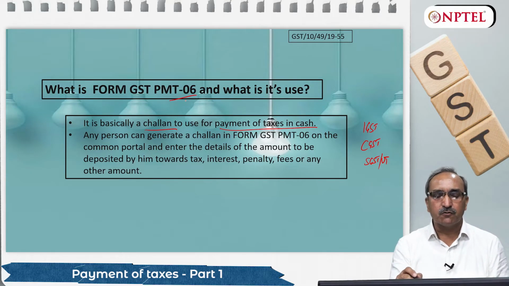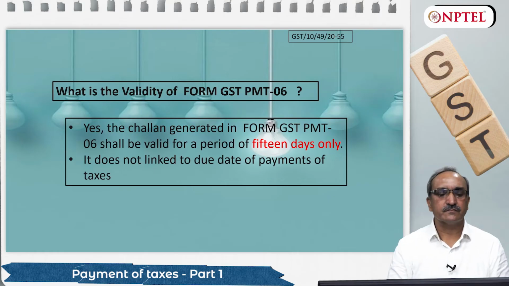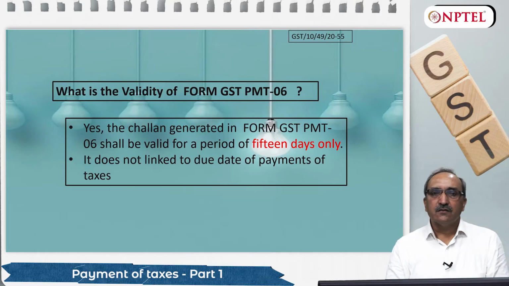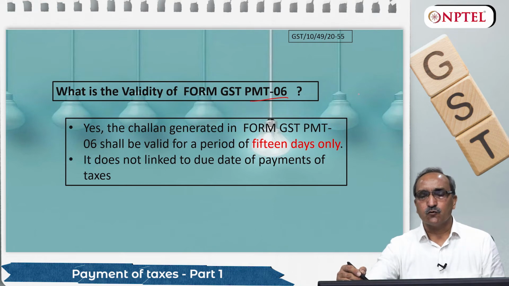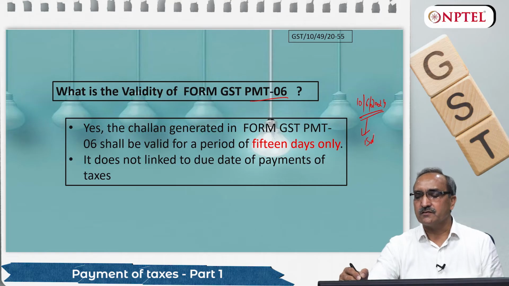And this amount deposited will be used for the payment of tax, interest, penalty, fee or any other charges. Friends, is there any validity of the PMT-06 challan? Yes. If we have generated this challan today, if today is 10th of June 2024, it is valid for the next 15 days.